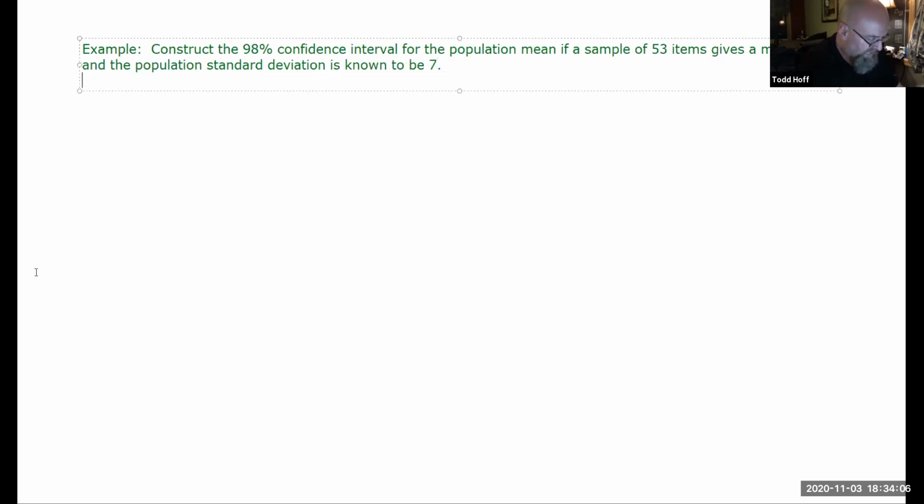So the key phrase is right there. We know the population standard deviation. Since we know that, this is going to be a Z interval.